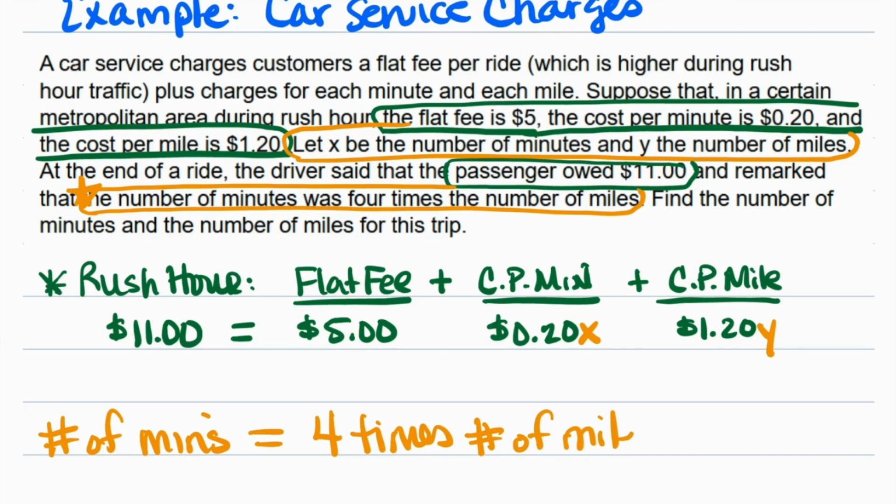You can turn that into an equation. The number of minutes is X, and it was 4 times the number of miles, and Y is the number of miles.